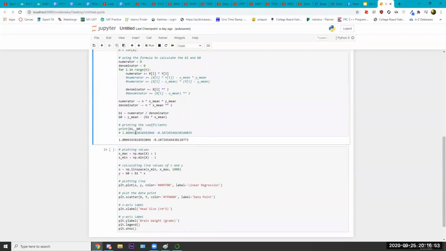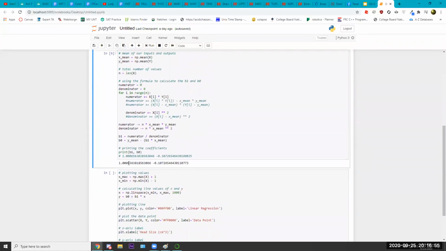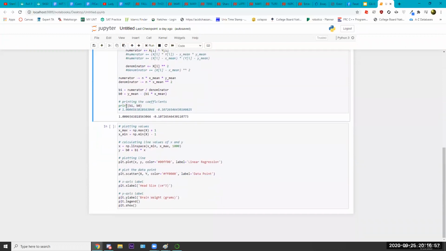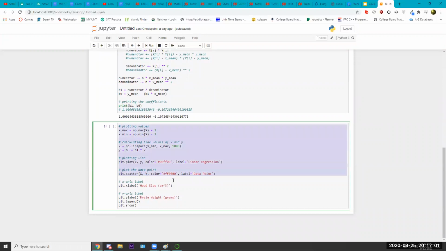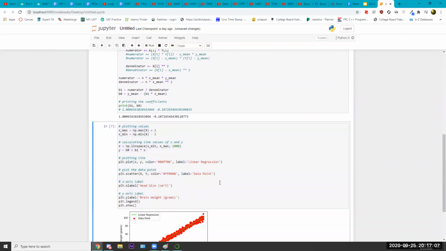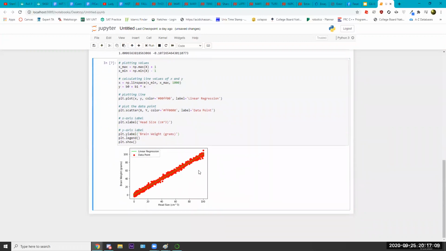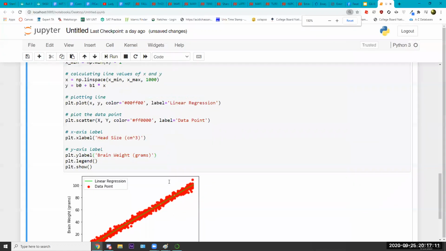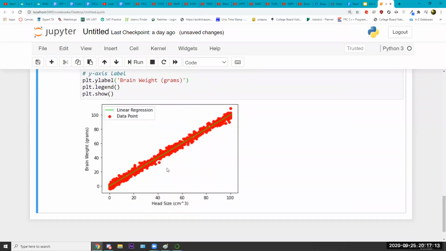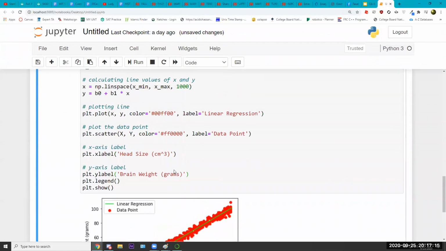And so now, this is after calculating our beta 1 and our beta naught values. This is all just stuff to be able to visualize our graph. And after we do so, this is what it looks like. So this is our final model.